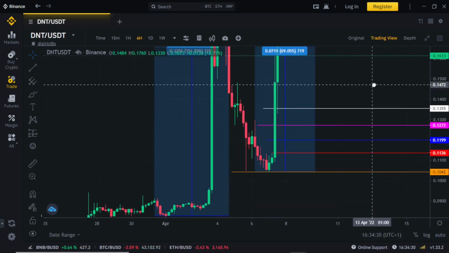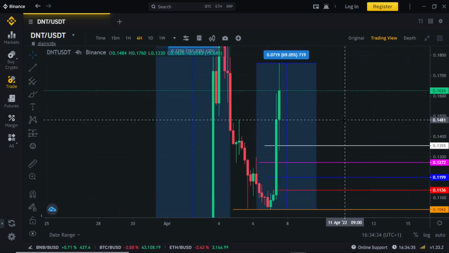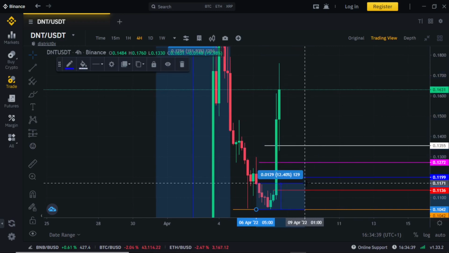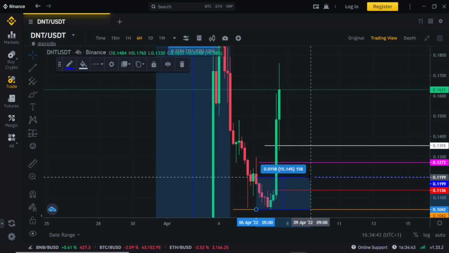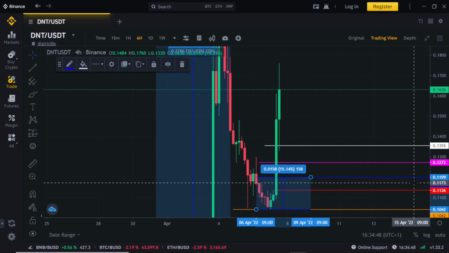So step 1, for you to get your entry price, you have to use the price range tool to measure 15% starting from the lowest price of the green candlestick bullish trend starter, and then use the blue horizontal line to indicate your entry price, which is 0.1199.